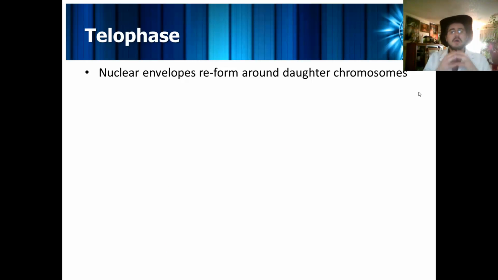The daughter chromosomes start to unwind, uncoil, relax, and decondense back into chromatin. So they become chromatin again. And because we've got chromatin reappearing, the nucleolus will reappear.